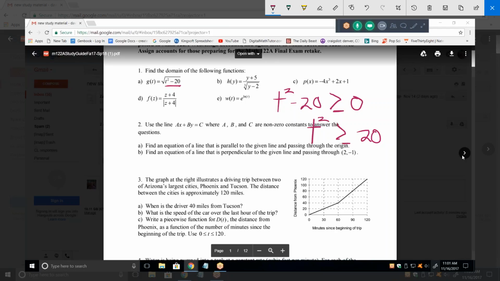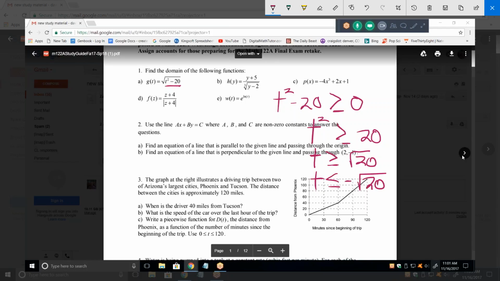Square root of 20. So you're saying one of the solutions is t is greater than or equal to the square root of 20? That's correct. But there's another solution. When you take the square root of both sides of an inequality, you have to be careful, because the other solution is in the opposite direction.